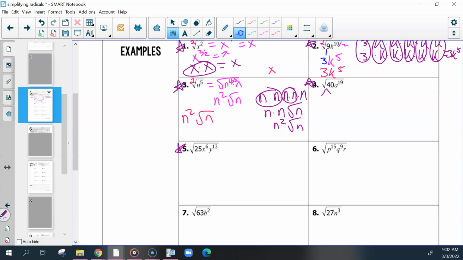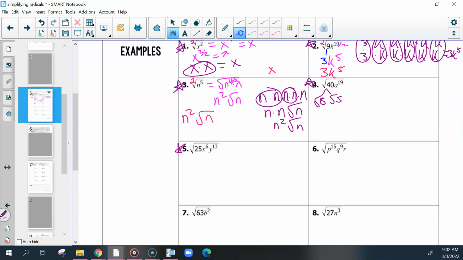Okay. So you may need to look back at your perfect squares. What is the highest perfect square we can divide 40 by? I heard 16, and I heard something else. 8. Would 16 work? No. It would be 8.